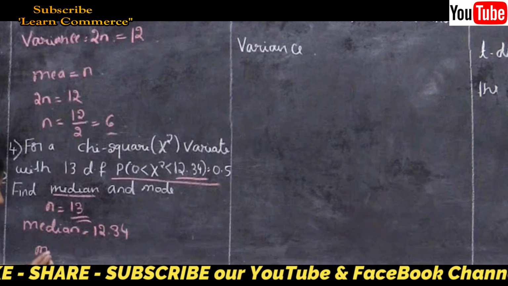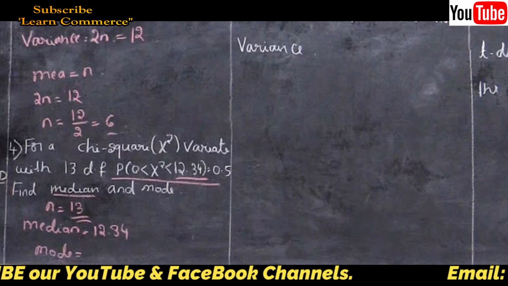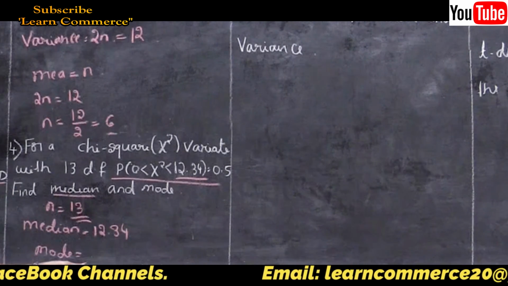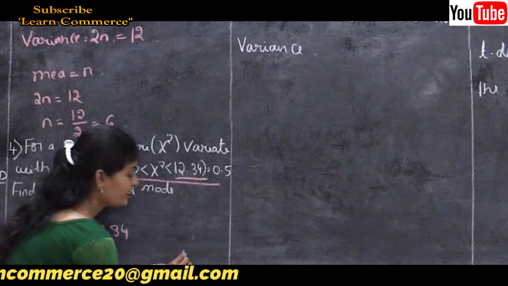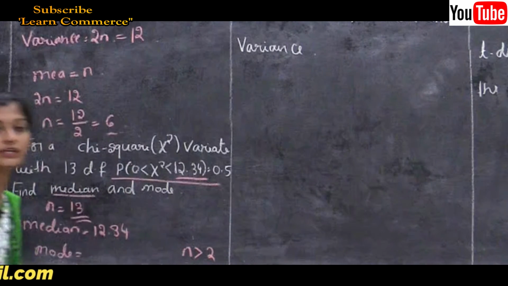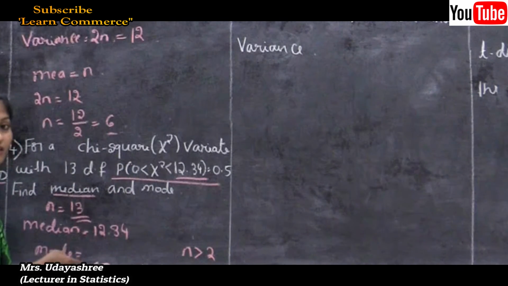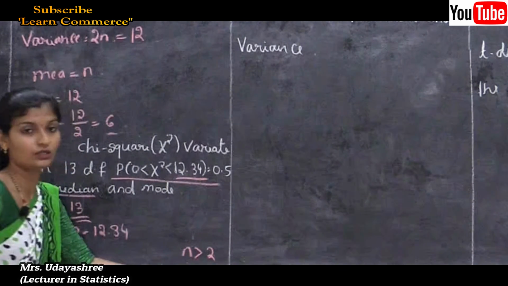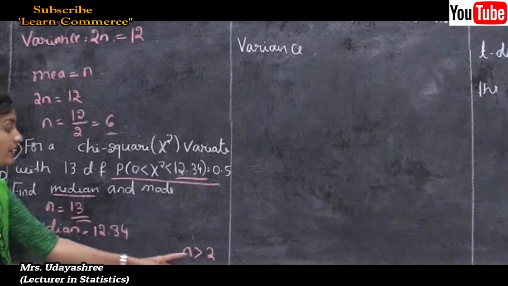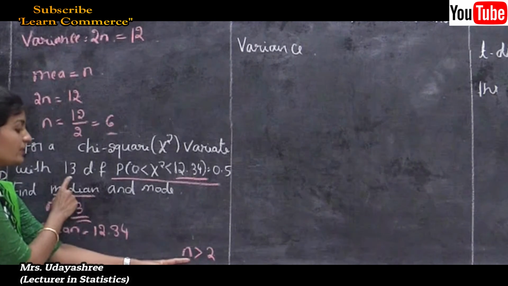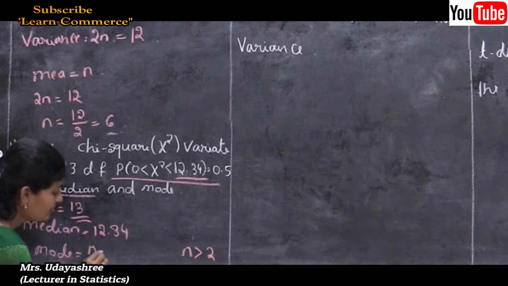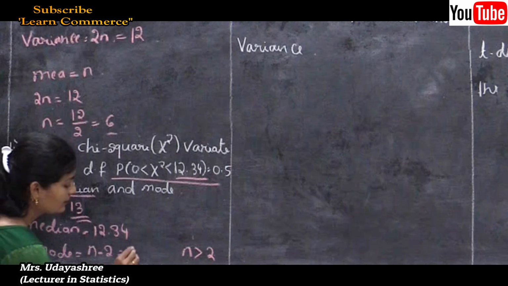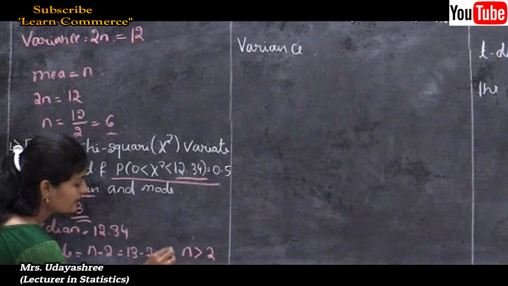Next, how to calculate the mode? In chi-square distribution we have two formulas to calculate mode. One is, if n is greater than 2, then mode is n minus 2. Another one is, if n is less than or equal to 2, then mode is 0. Here the n value is 13, and 13 is greater than 2. So the mode is n minus 2, that is 13 minus 2, that is 11.